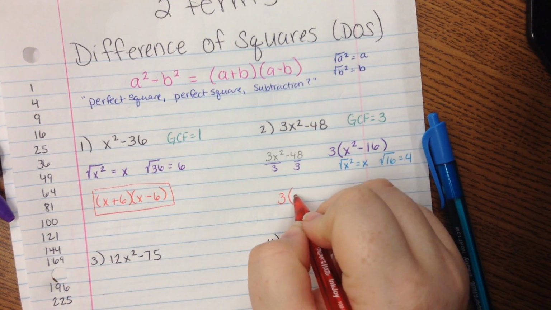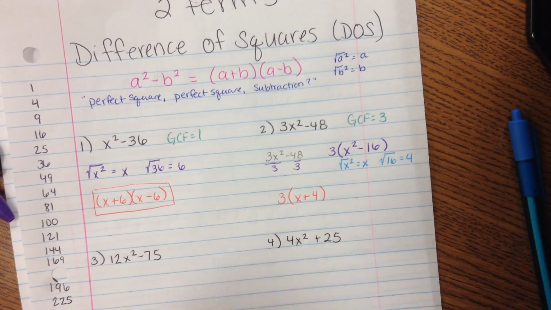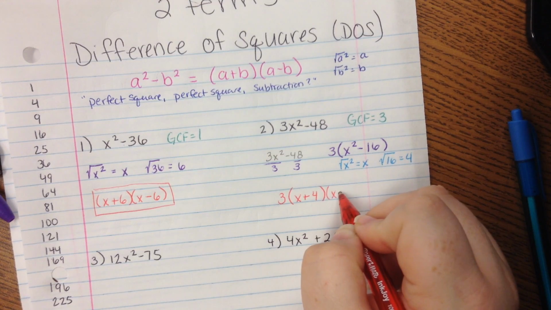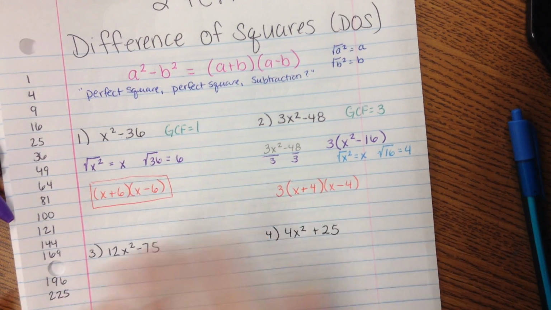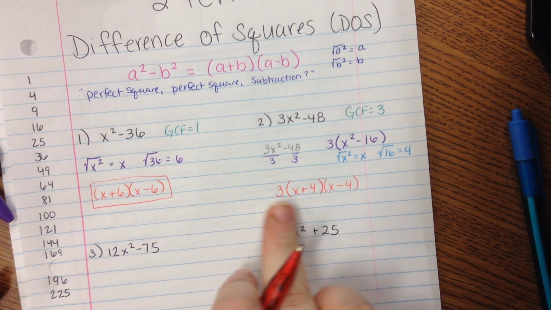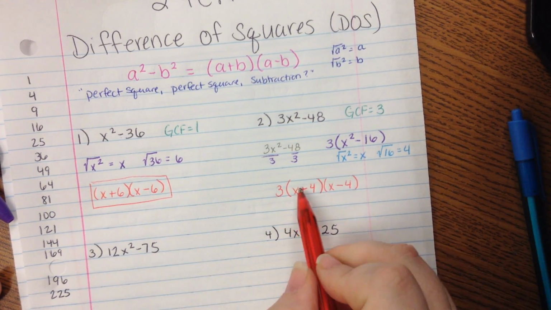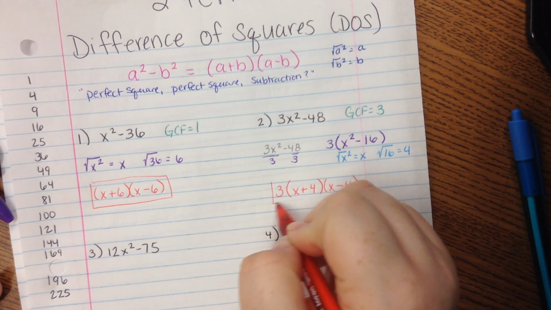We have our first term x plus the second term 4, close parentheses. Then we have parentheses, our first term x minus the second term 4, close parentheses. This is finished. We no longer have any exponents inside the parentheses. These are linear binomials, therefore we cannot factor this any further.